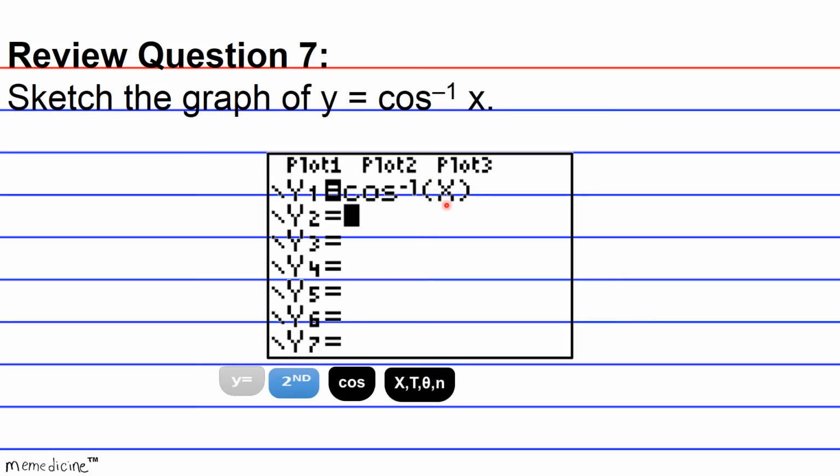Then you hit your variable button, X,T,theta,n. It's usually set to x, so x will populate the screen, and then you close the function with a closed parenthesis. Now you simply hit graph.